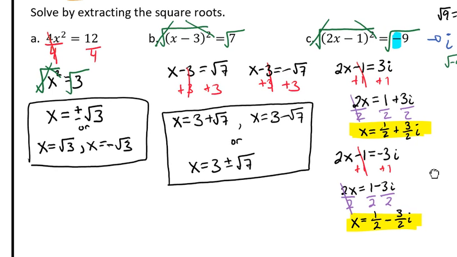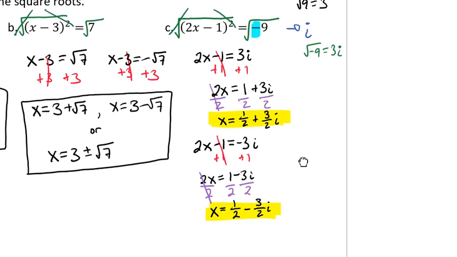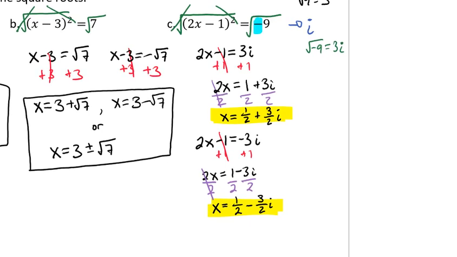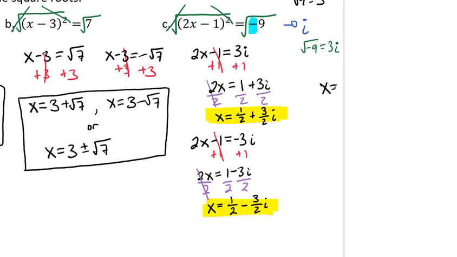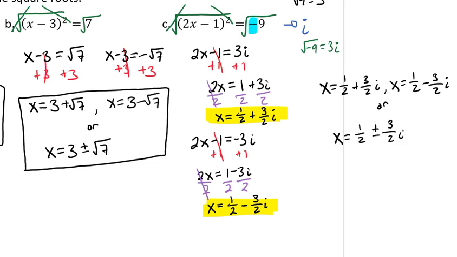Let's give ourselves a little bit more space here. I could write my answers as x equals 1/2 plus 3/2 i, and x equals 1/2 minus 3/2 i, or because we notice that they're identical except for the plus sign and the minus sign, that allows us to write it as x equals 1/2 plus or minus 3/2 i.